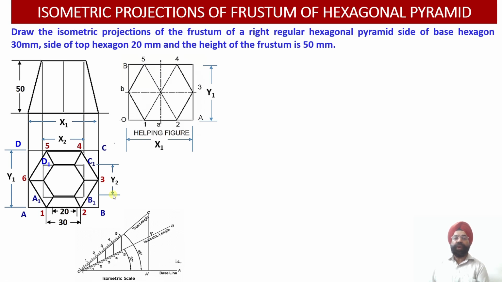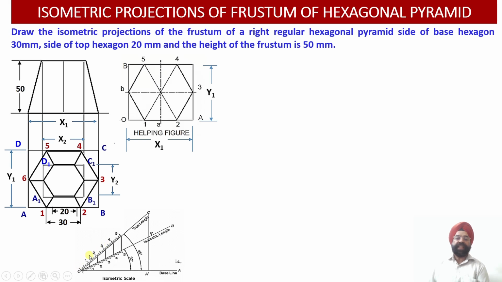Now we need to work out the isometric length corresponding to all these dimensions. So the first thing we are going to do is the construction of the isometric scale, in which the true length scale will be drawn at an angle of 45 degree and the isometric length scale will be drawn at an angle of 30 degree.